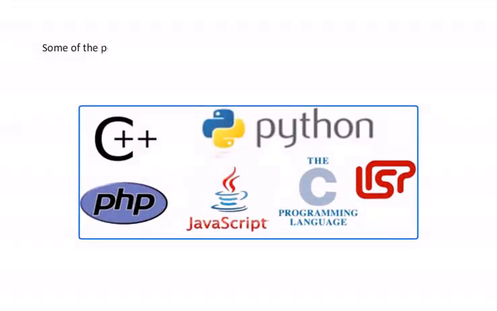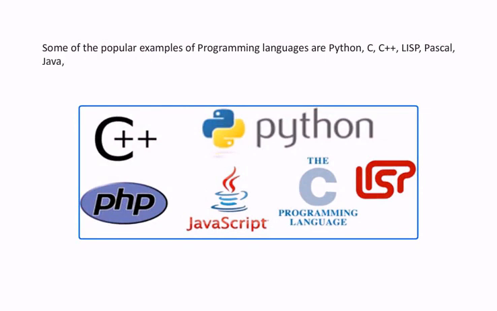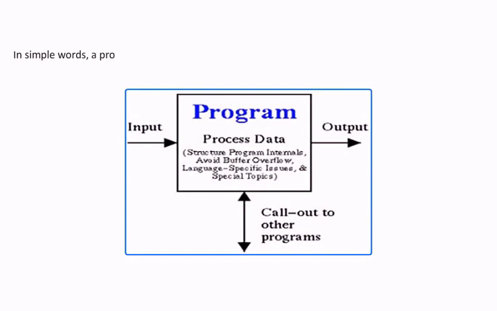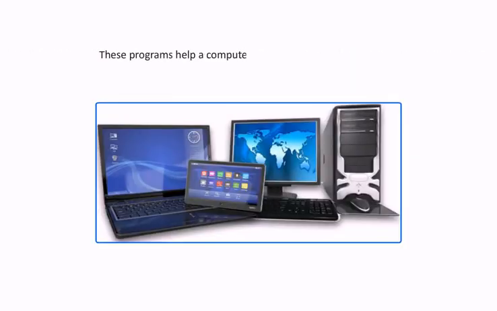Some of the popular examples of programming languages are Python, C, C++, Lisp, Pascal, Java, PHP, etc. Modern computers can follow the generalized set of operations called programs. In simple words, a program is a sequence of instructions that specifies how to perform a computation. These programs help a computer to perform a wide range of tasks.